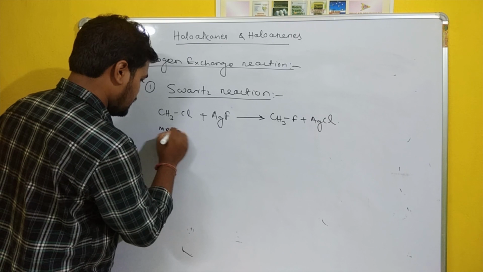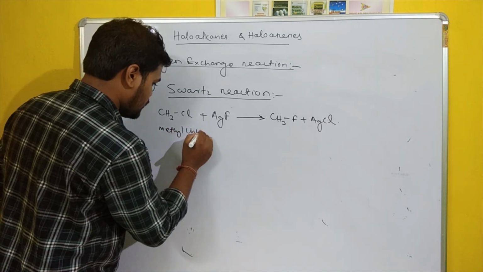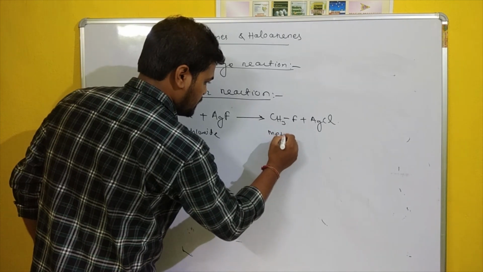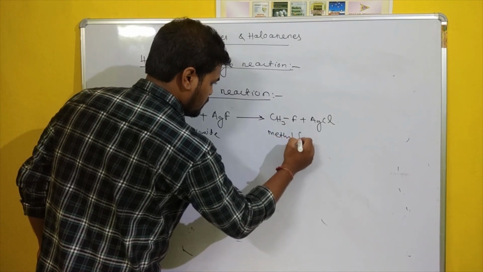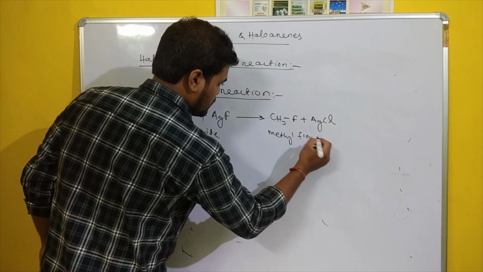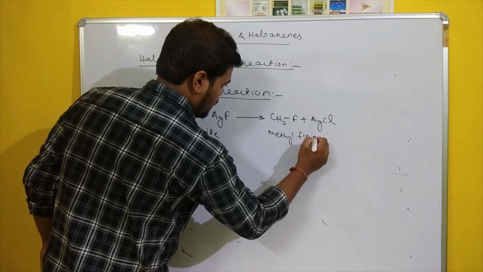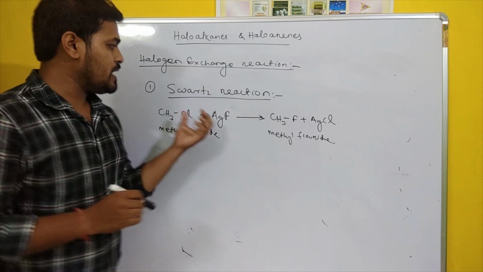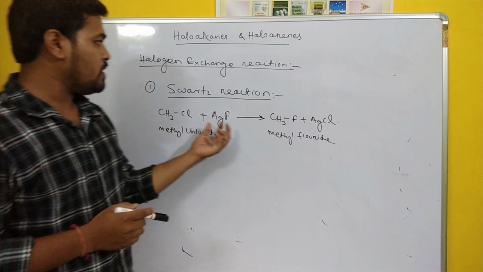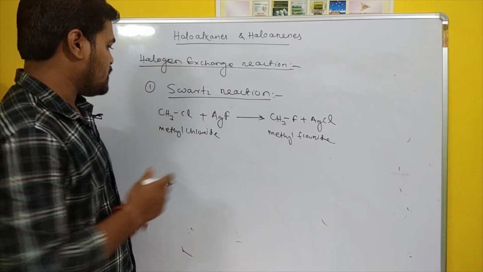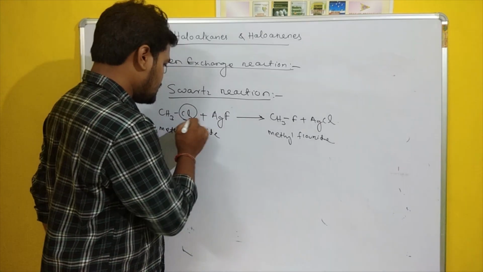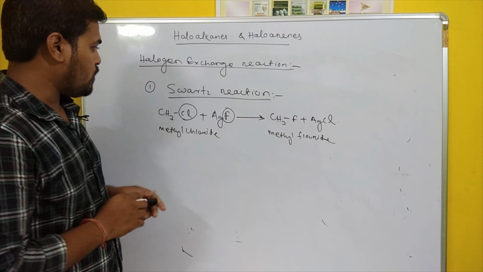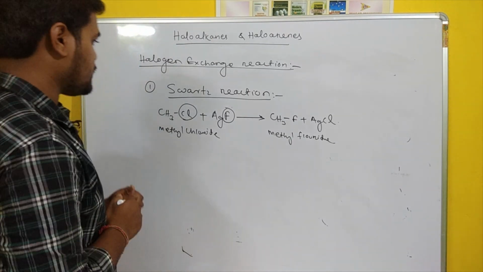The Swarts reaction is basically a halide exchange reaction. Here one chlorine atom is exchanged with one fluorine atom. So this is all about the Swarts reaction.